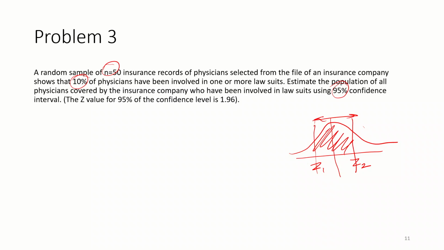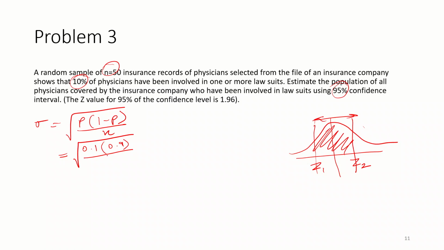Okay, so let's find the sigma first, because we have most of the values. It is P times (1 minus P) divided by n. So P here is 0.1, 0.1 times (1 minus 0.1, which is 0.9) divided by 50.